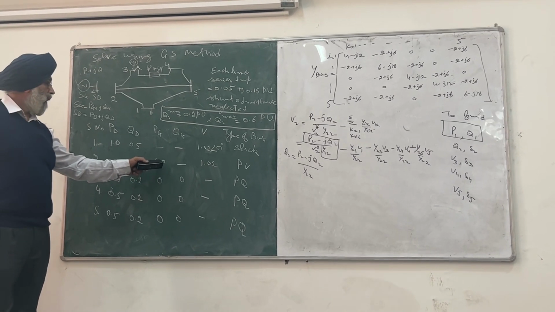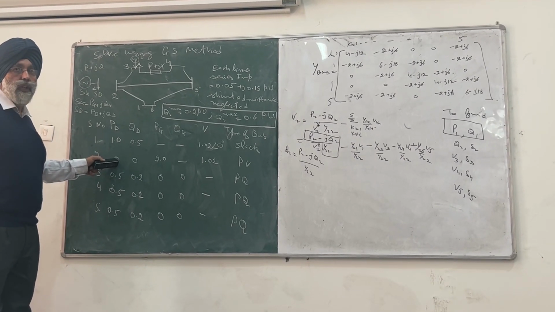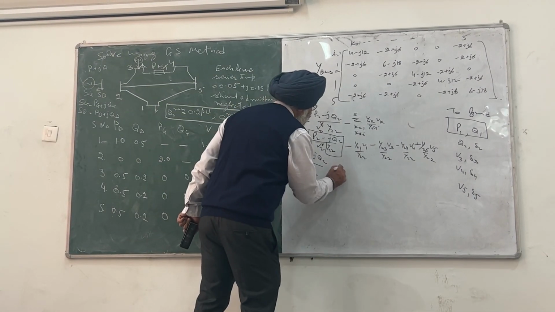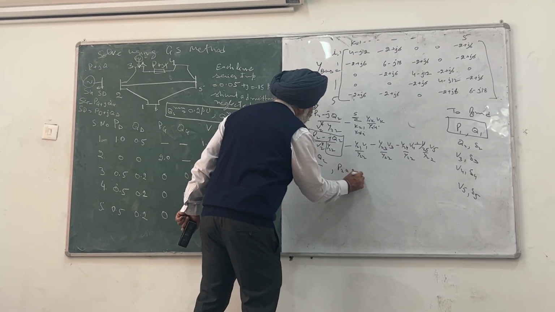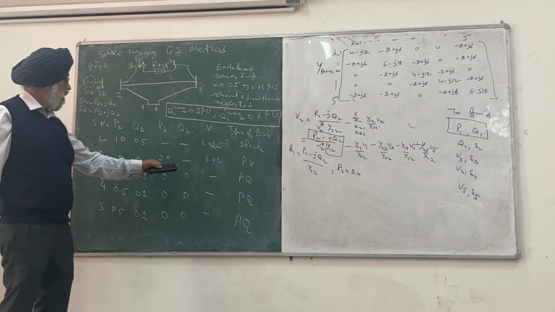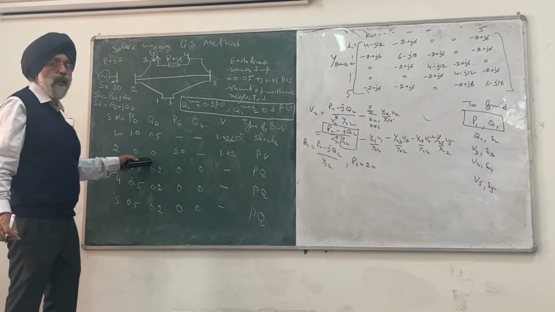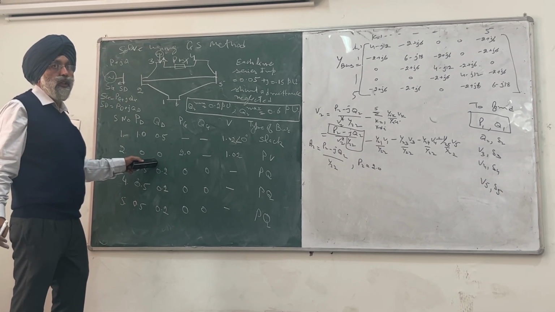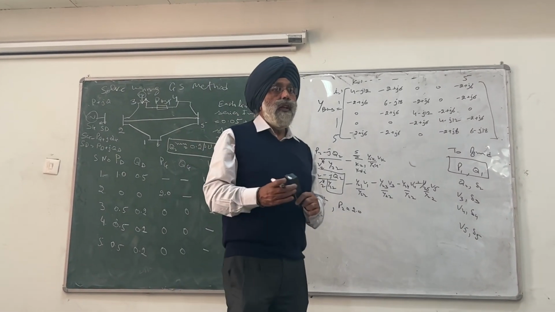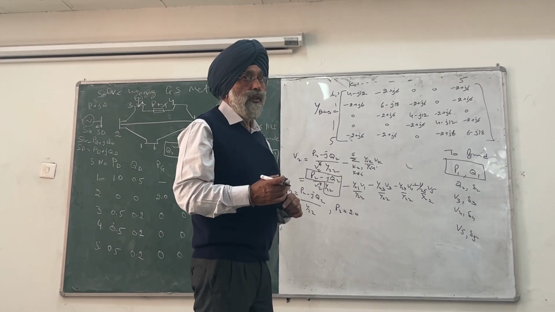P2 is for bus number 2. P2 is equal to PG minus 0. P2 is given, so the P2 value is 2.0. But Q2 is not given because QG is not given, so we are unable to calculate the Q2. In order to find the Q2, we have to apply the reactive power equation.